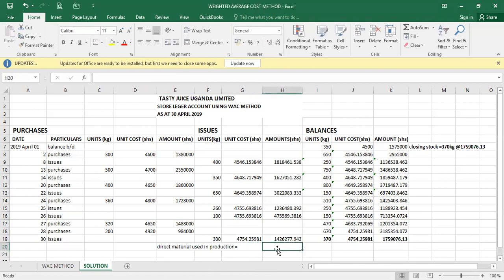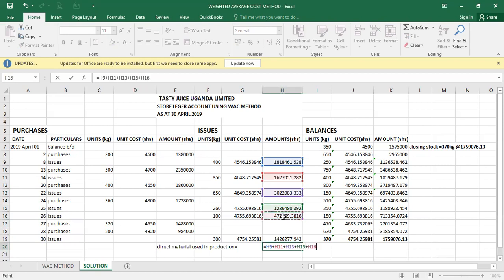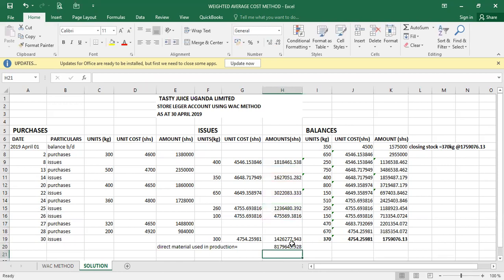We can get it from here: this plus this, because these are our issues, plus this plus this plus this, then we get our answer. It will be this.